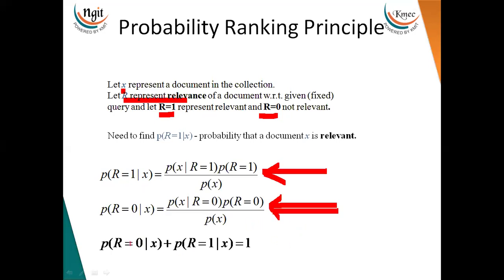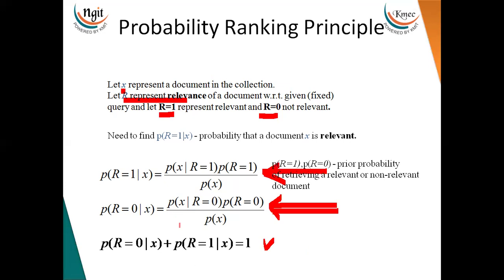And I know that the probability of R equal to 0 for a particular document X plus the probability of R equal to 1 for the same document X is equal to 1. That is, the probability of A plus the probability of A bar is equal to 1. This formula you should remember. Now, what do we mean by the probability of R equal to 1 and R equal to 0 when I'm not considering X?